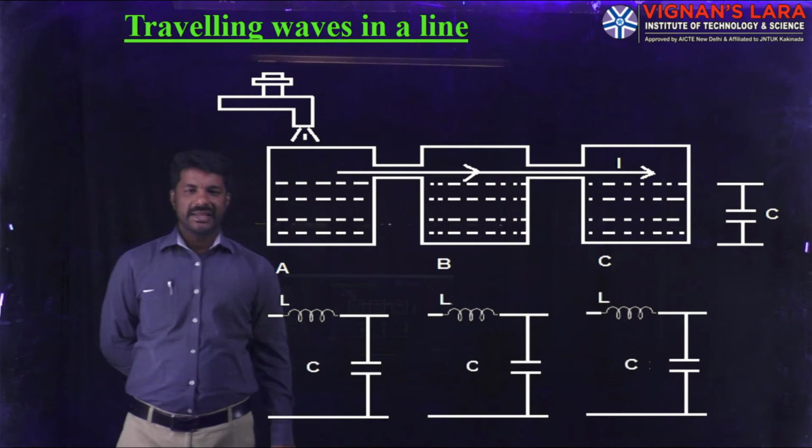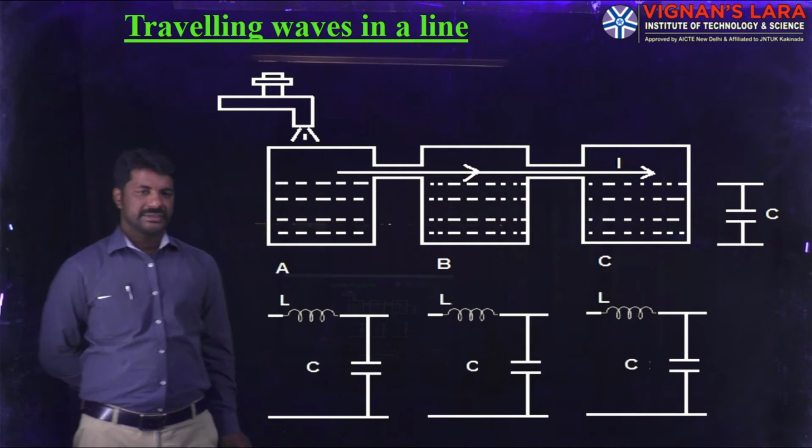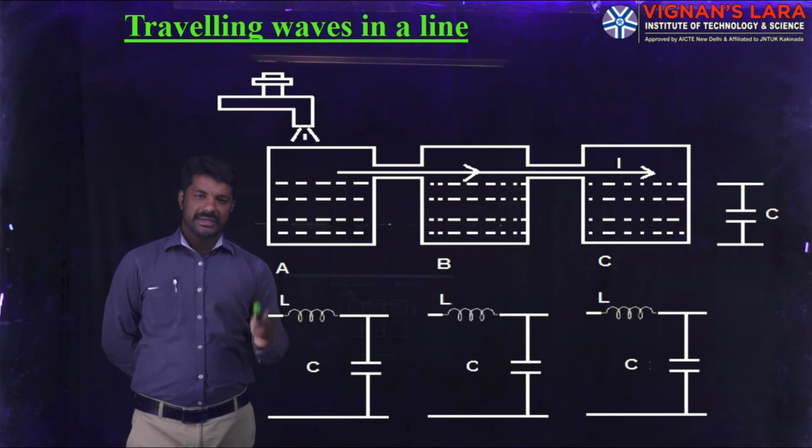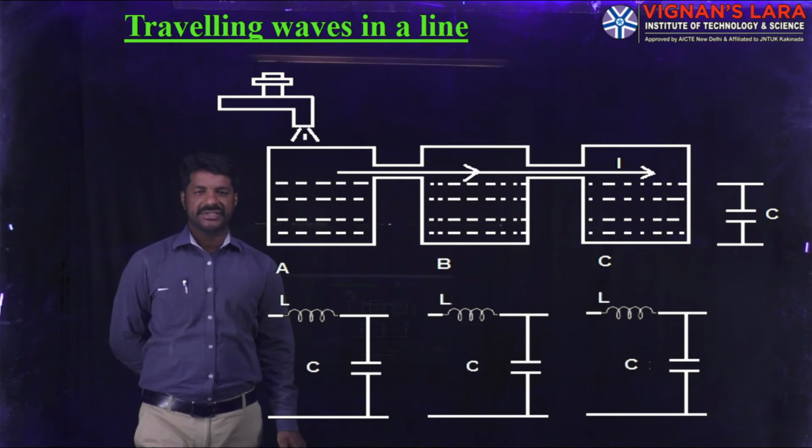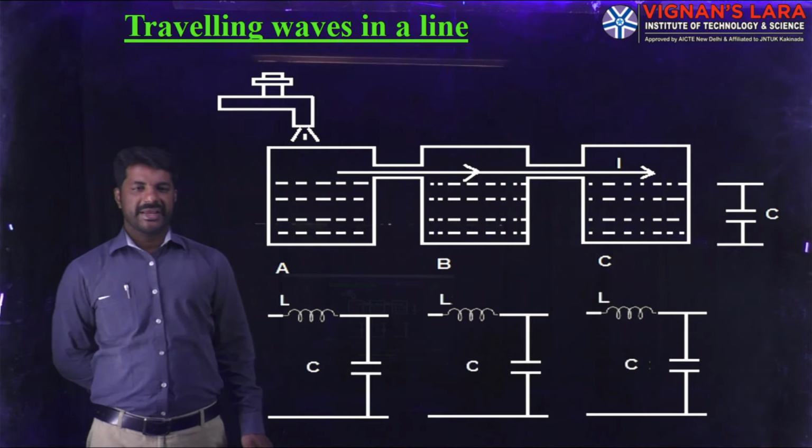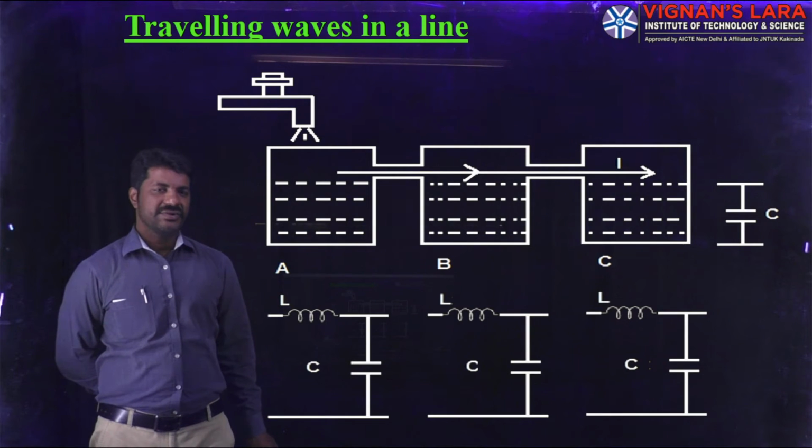So in general, we can formulate each section of the transmission line in a physical representation in real-time application, that is, tanks which are cascaded.